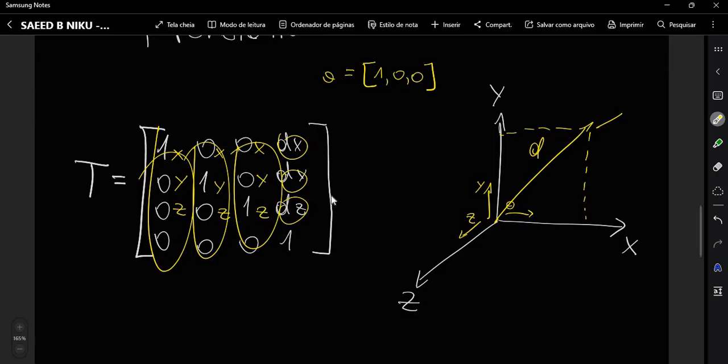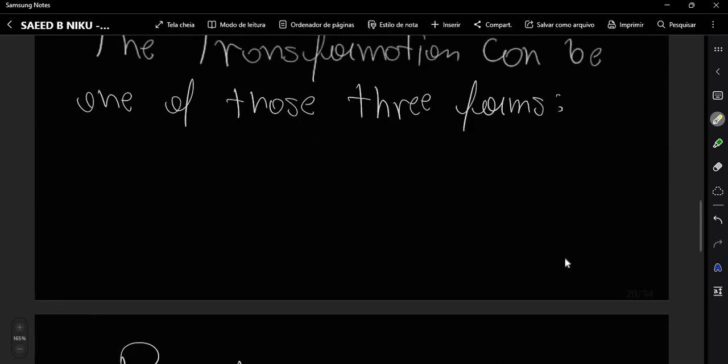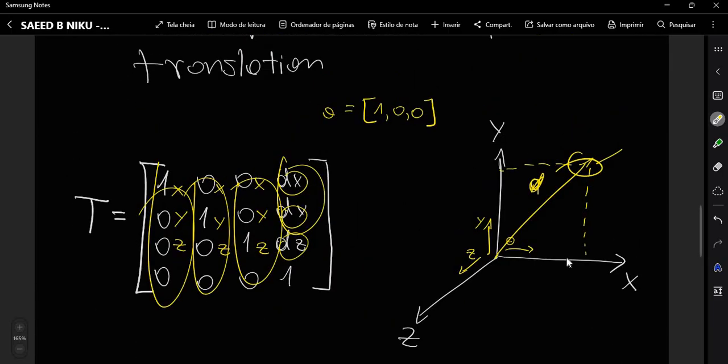If a referential is moving in space without any change in orientation, that means this referential, and this vector d represented in this matrix by dx, dy and dz, is a referential, just like if we plug a rigid body right here, this is going to be a referential.